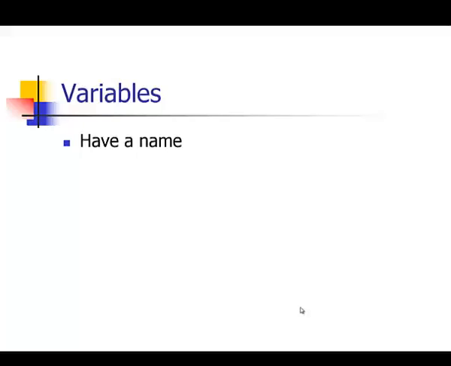It can start with a letter or an underscore, and it cannot be a keyword. It also needs to have a type, and we've learned about several types: the int, double, float, char, string, and bool data types.